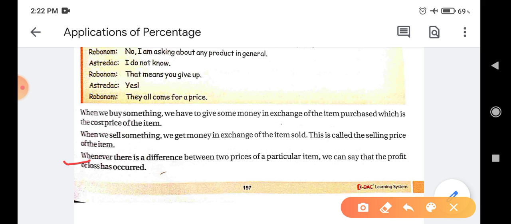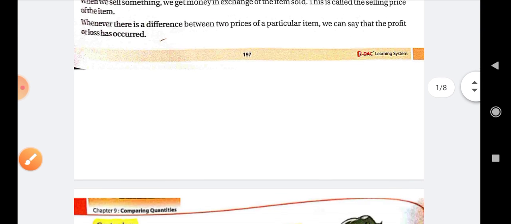Whenever there is a difference between two prices of a particular item, that is, between cost price and selling price, CP and SP, then we say that profit or loss has occurred.